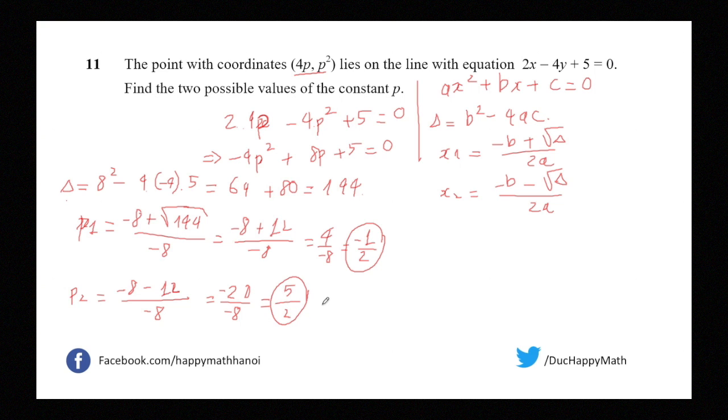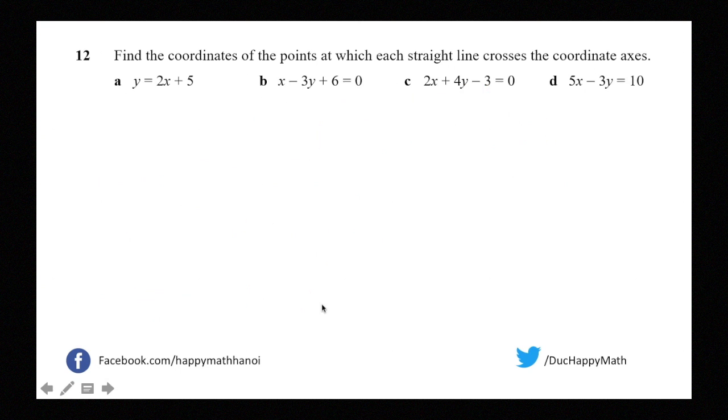Okay, the same understanding. To find the coordinate of the point at which the straight line crosses the coordinate axis, what is the coordinate axis? When you draw a line, you will get at least 2 intersection points: one with the x-axis and one with the y-axis.